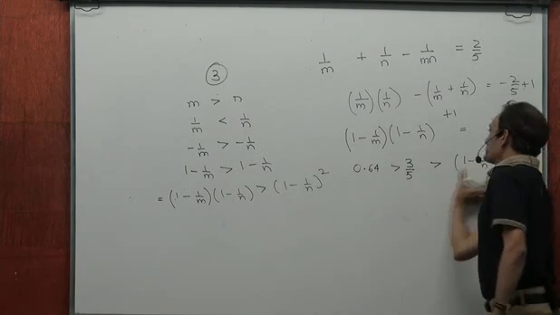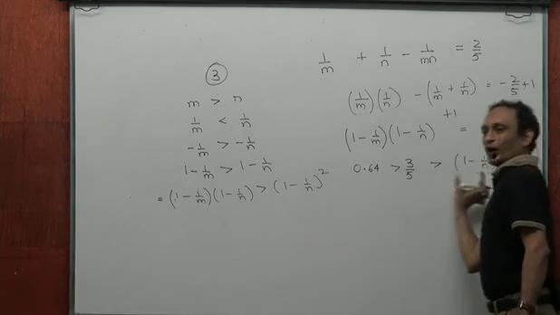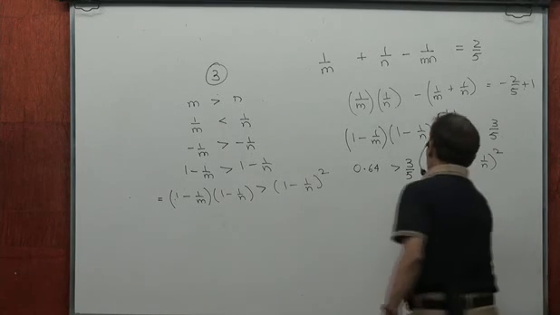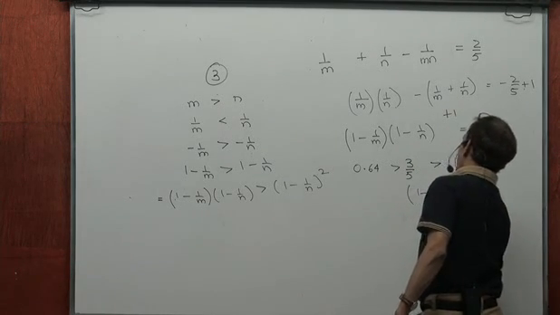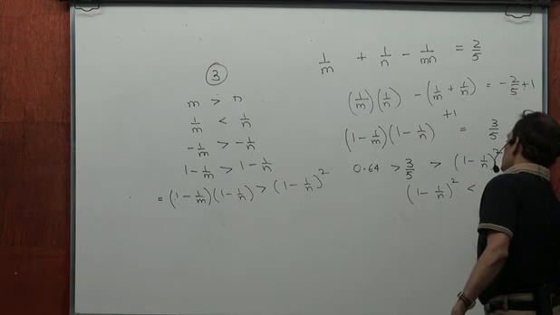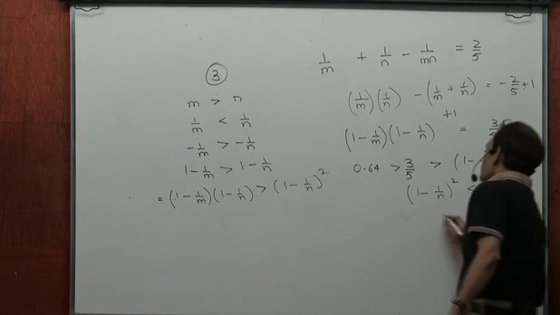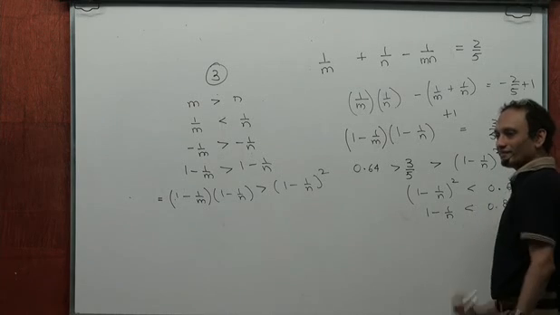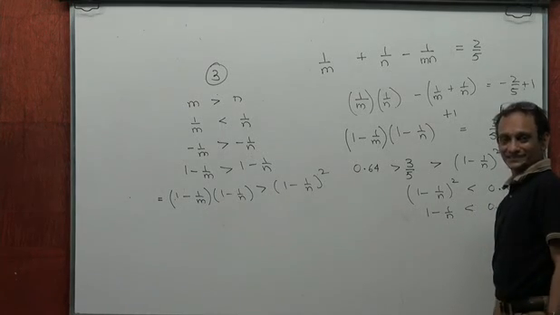So then this must be smaller than this. 1 minus 1 by n whole squared must be less than 0.64. So this gives me 1 minus 1 by n less than 0.8, right?